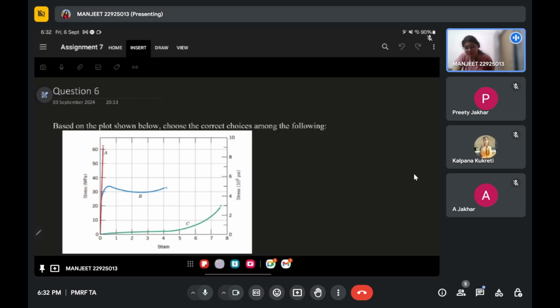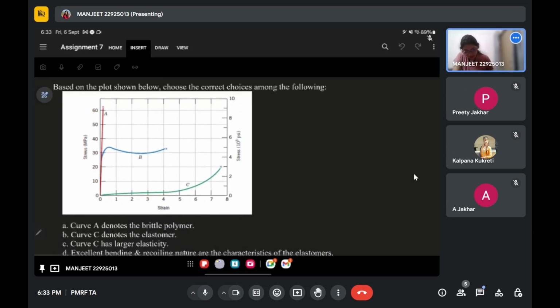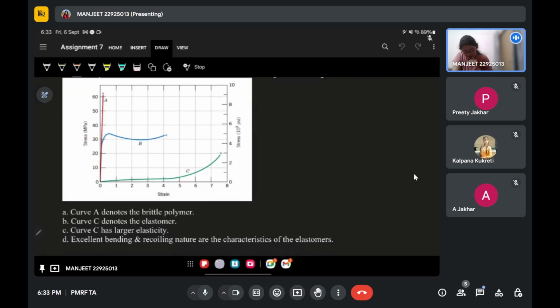Based upon the plots shown here, choose the correct choices among the following. This is the A part, this is the B part, and the C part. We already discussed elastomer, elasticity, rubber cases, and brittle and plastic behavior.